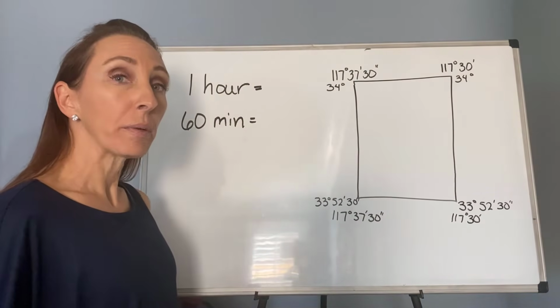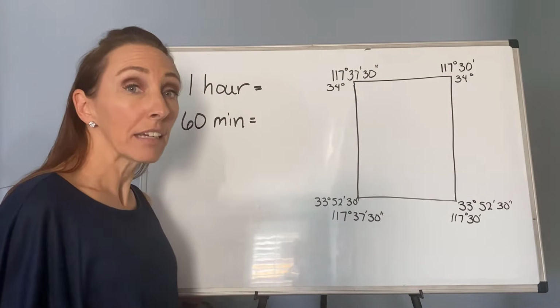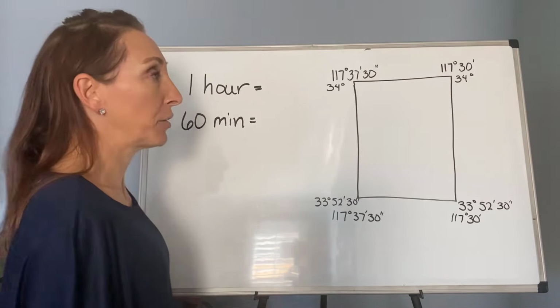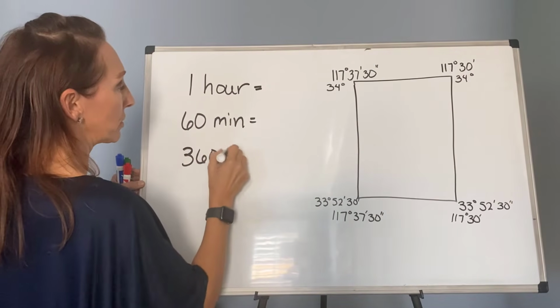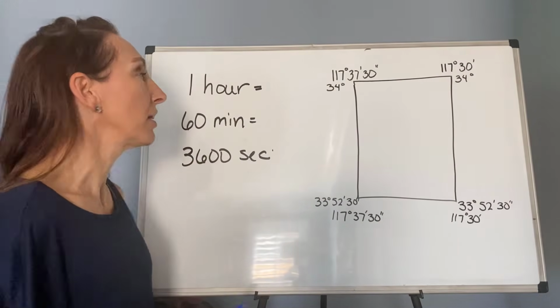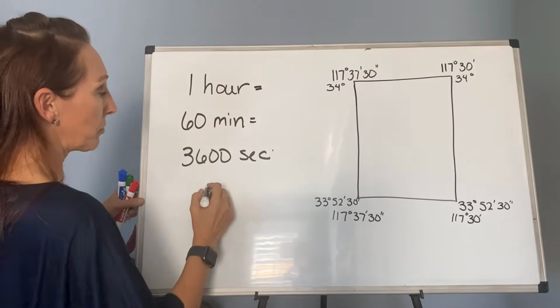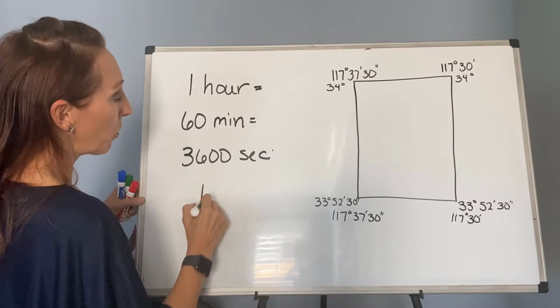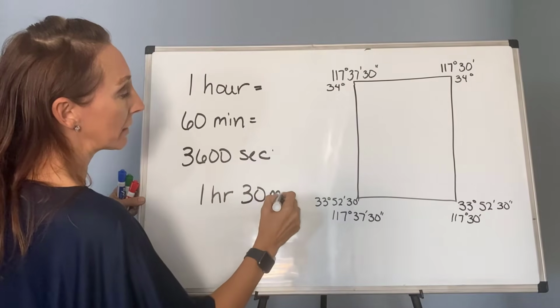And then also we can think about seconds. So 1 minute equals 60 seconds, or you can convert that to minutes and it'll be 60 times 60, so 3,600 seconds. Okay, so all of those things equal each other. One common thing that someone might do is they might say something like 1 hour and 30 minutes.